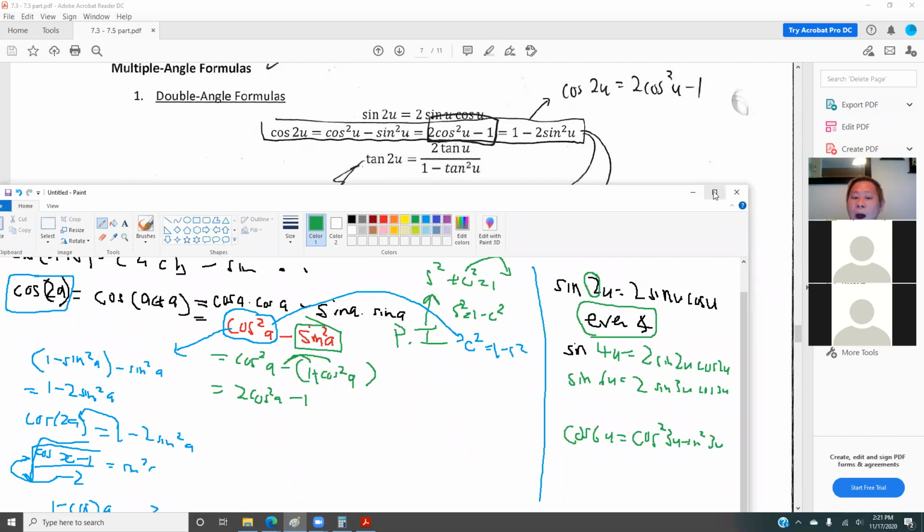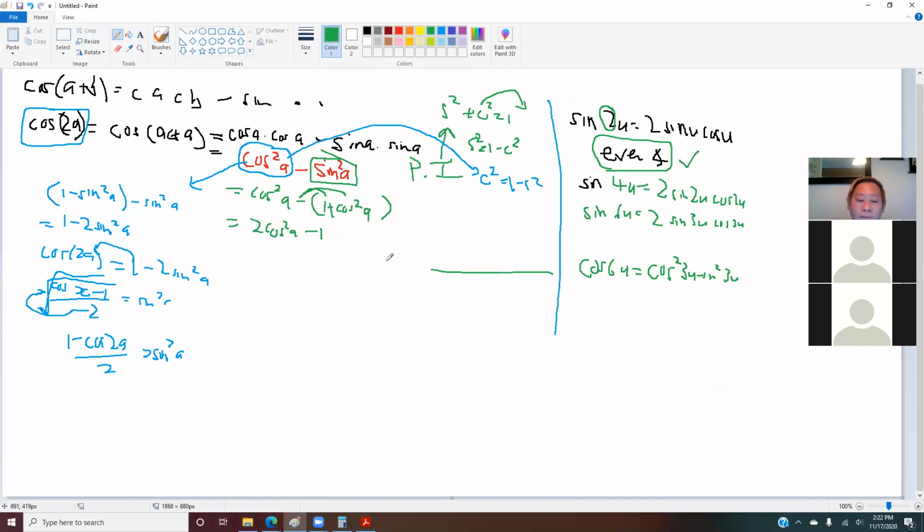So now my question is, for the even ones we have 2, 4, 6, 8, 10, and we can use this formula. But what happens to the odd one? This is very important because in calculus, you need this. So now how do we figure out sine 3u?